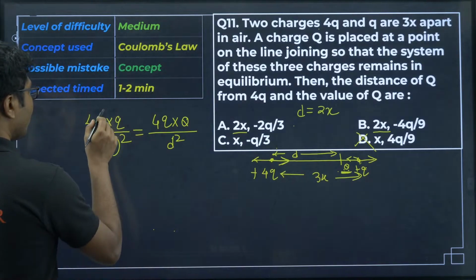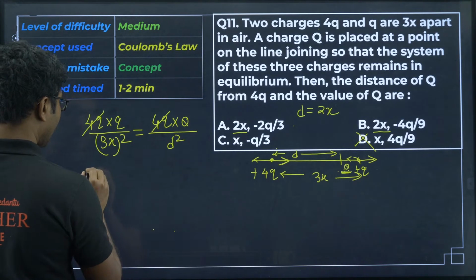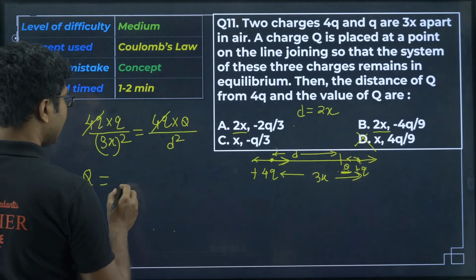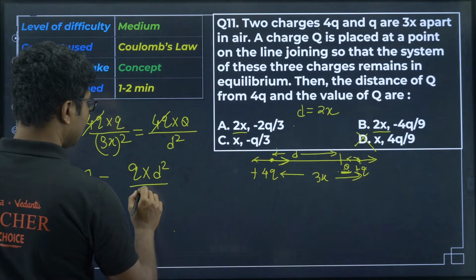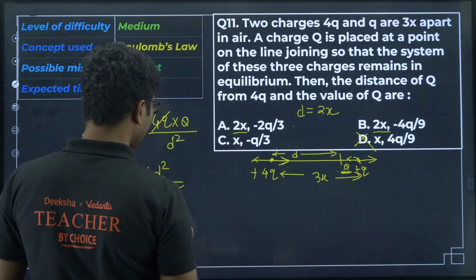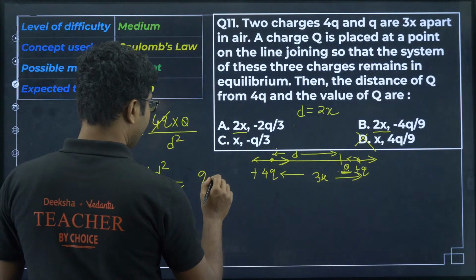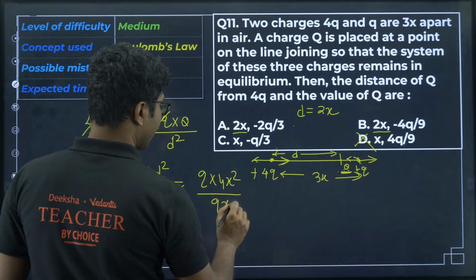Okay, so 4q cancels. So we can calculate capital Q from this. Capital Q is basically q into d square by 9x square. Now what is d square? d square is 4x square, so Q equals q into 4x square divided by 9x square.